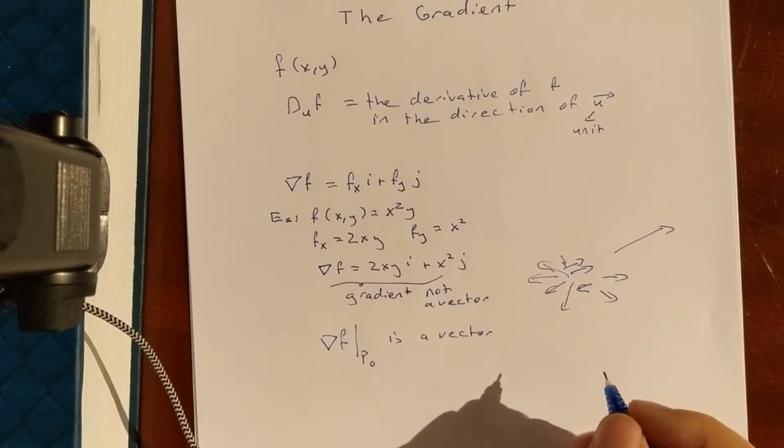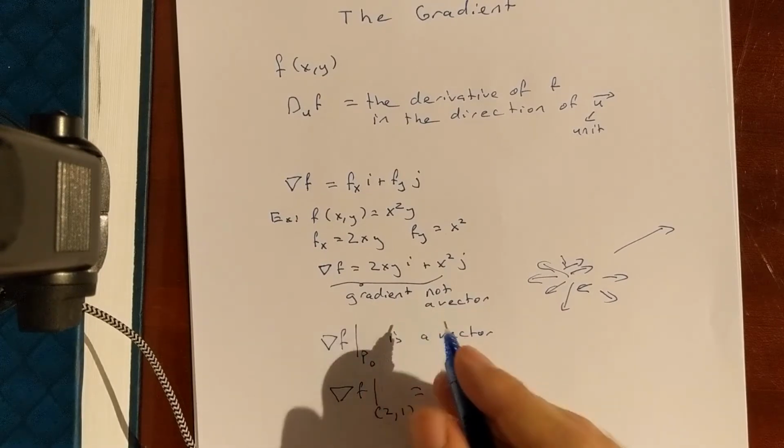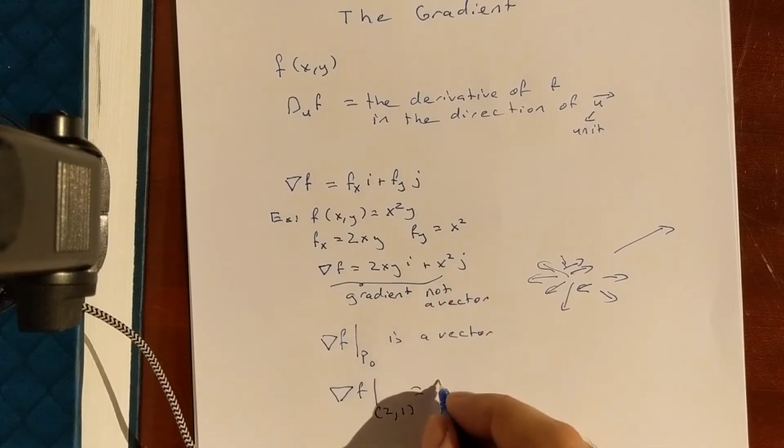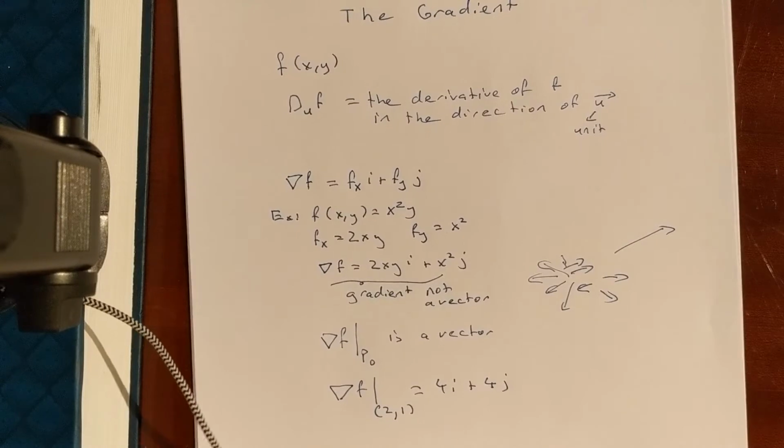So if we were trying to find the gradient of f for the above example at, I don't know, (2, 1) or something like that, you would get 4i plus 4j, sorry. Came out symmetric. What can you do?